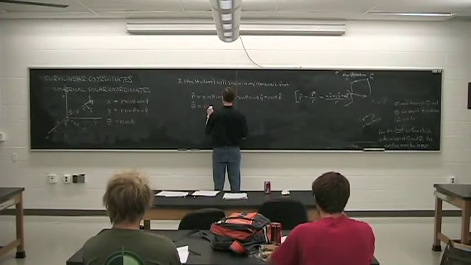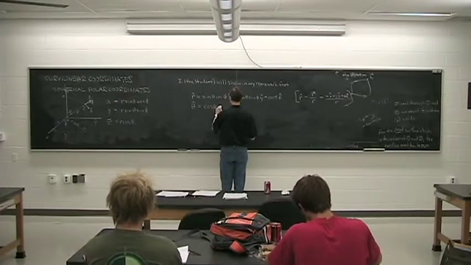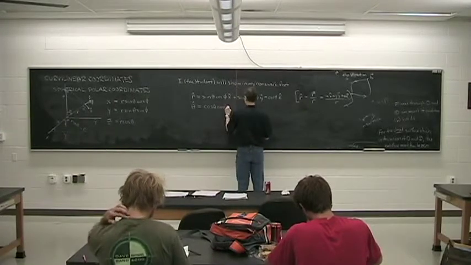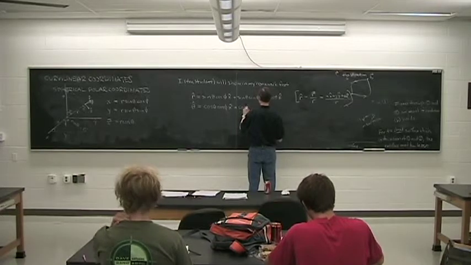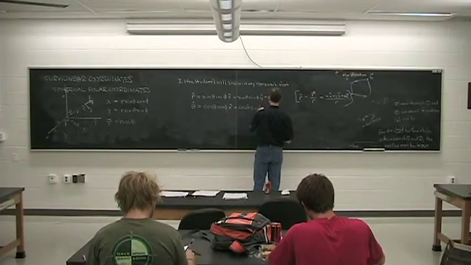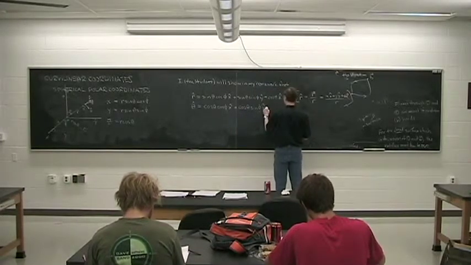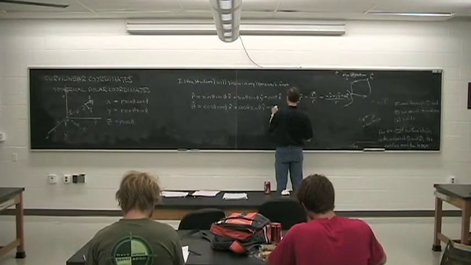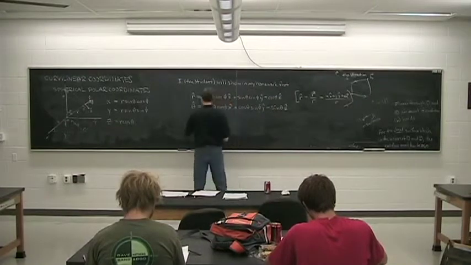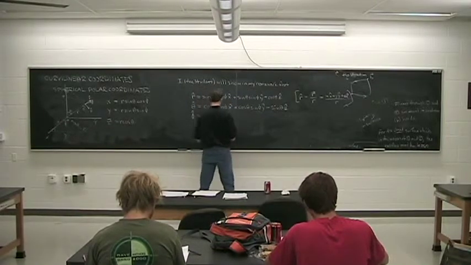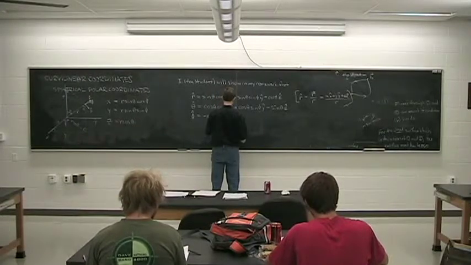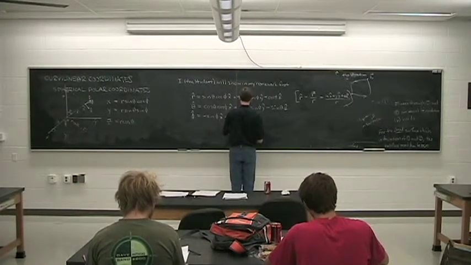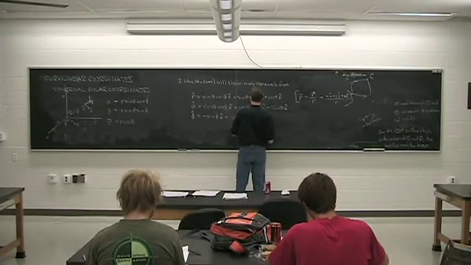Theta hat is cosine theta cosine phi x hat plus cosine theta sine phi y hat minus sine theta z hat, and phi hat is equal to minus sine phi x hat plus cosine phi y hat.